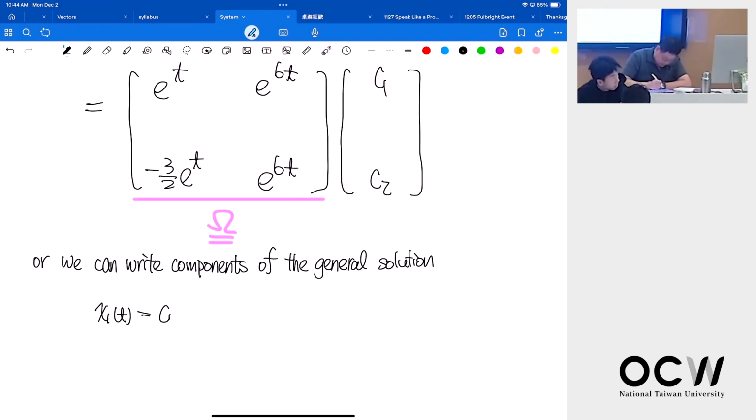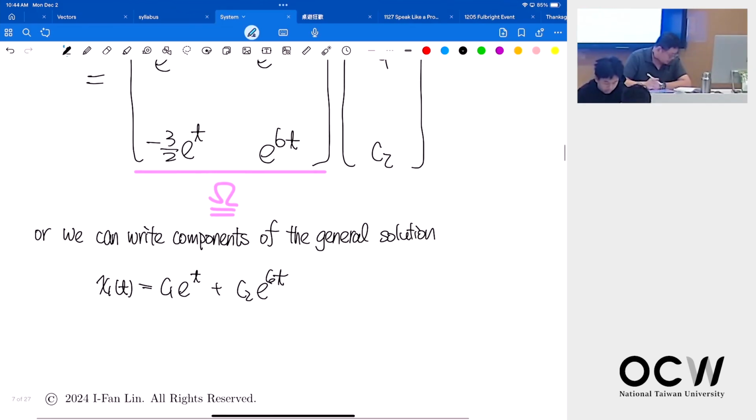X1 is C1 e to the t plus C2 e to the 6t. And X2 is minus 3 over 2 e to the t C1 plus C2 e to the 6t.